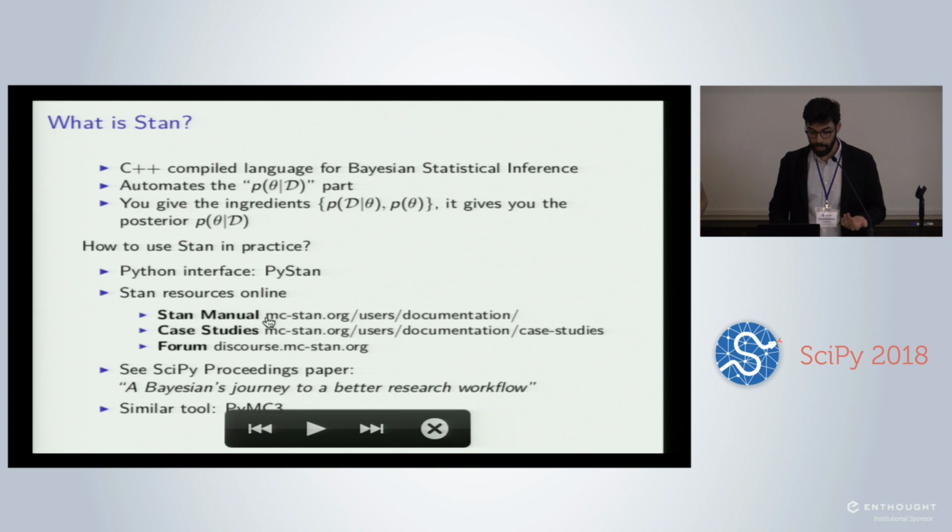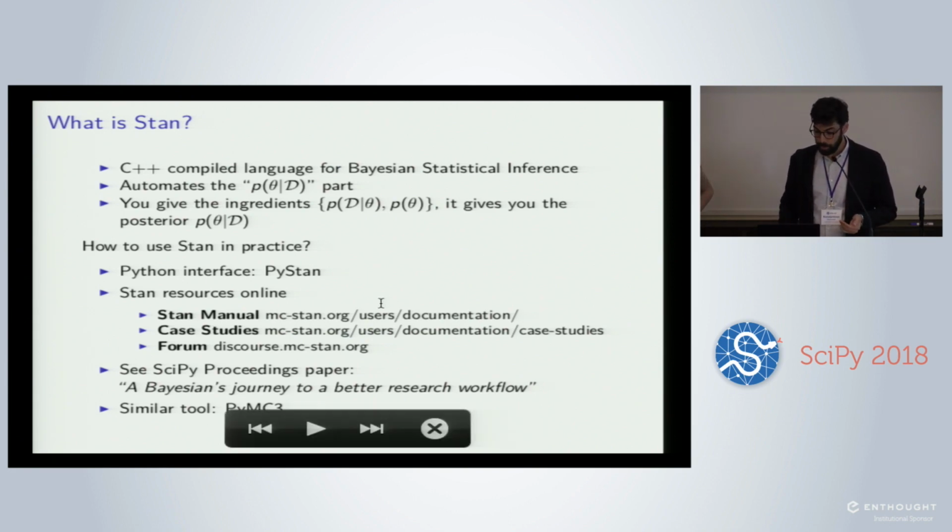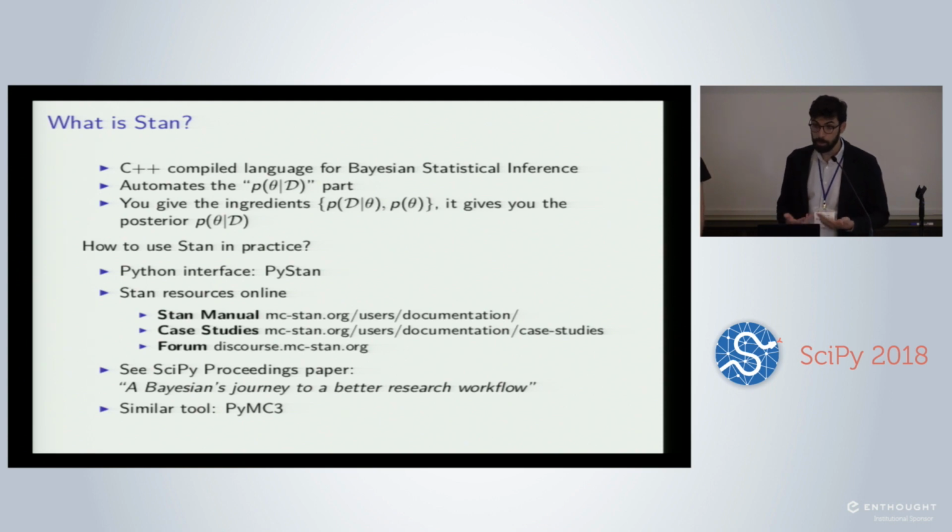First of all, the manual is an excellent book, basically, of 1,000 pages that has different models, and it kind of guides you through how you can build Bayesian models and the choices that you can make. There is an excellent resource of case studies that has a ton of different examples, pretty involved case studies. And there's also a forum, an active forum, where you can post questions and get advice, not just how you code things, but how do you build Bayesian models.